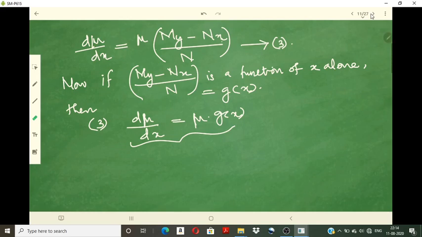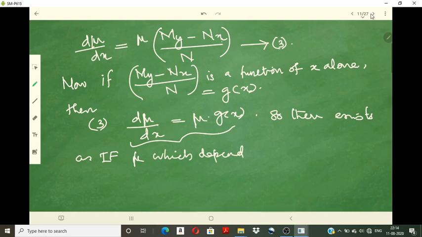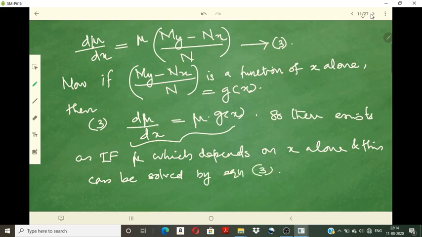So there exists an integrating factor μ which depends on x alone, and this can be solved by equation 3. So solving equation 3 we will get the μ.